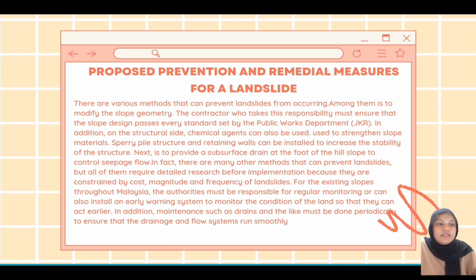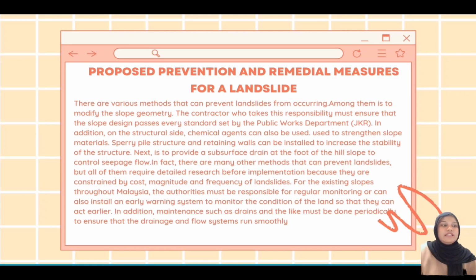Sheet pile structures and retaining walls can be installed to increase the stability of the structure. Next is to provide a subsurface drain at the foot of the hill slope to control seepage flow. In fact, there are many other methods that can prevent landslide, but all of them require detailed research before implementation, because they are constrained by cost, magnitude and frequency of landslide.